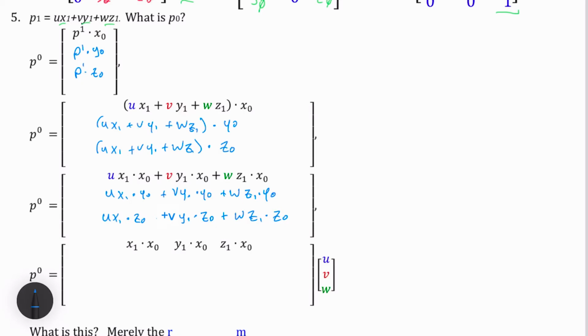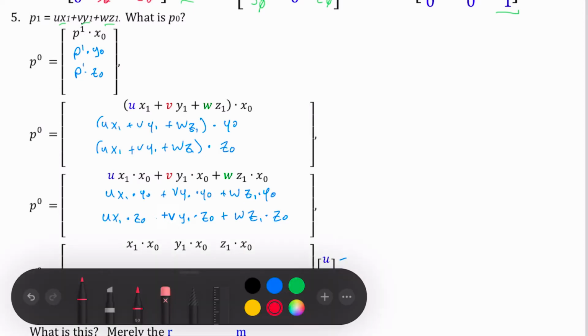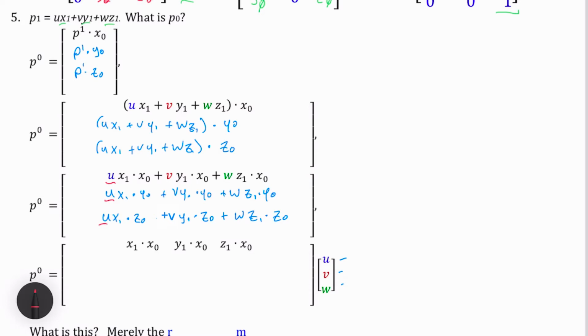And now what we can do is factor out our u, our v, and our w from this term. Let's circle those. We've got our u's here. And so we have our u, first case, times x1 dot x0. This u is also times x1 dot y0.